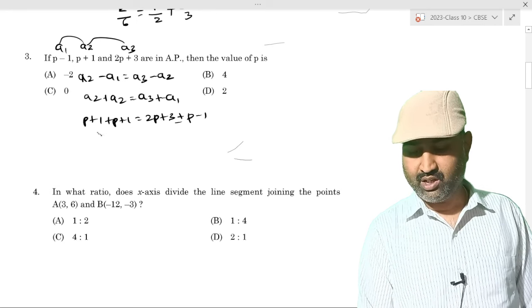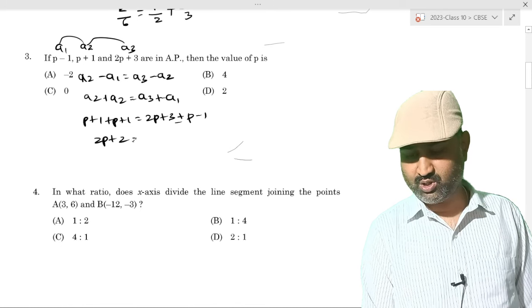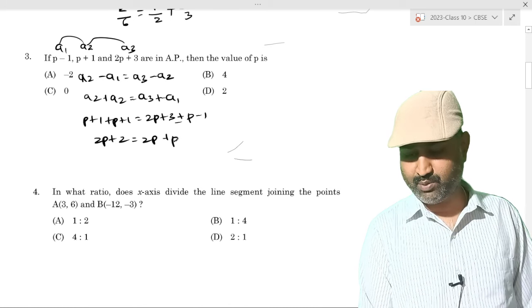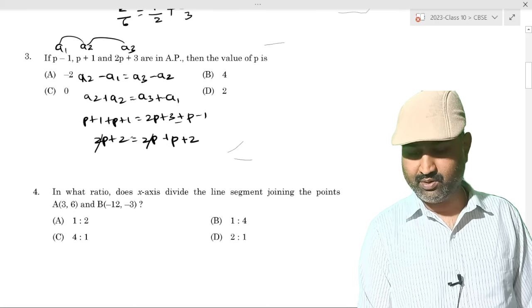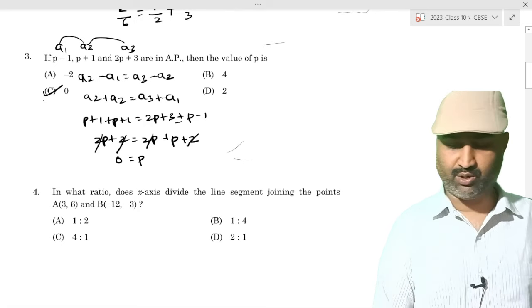That is 2p plus 2 is equal to 2p plus 3 minus 1 is 2, plus p. 2p cancelled, 2 cancelled, therefore 0 is equal to p. Therefore the value of p is 0.